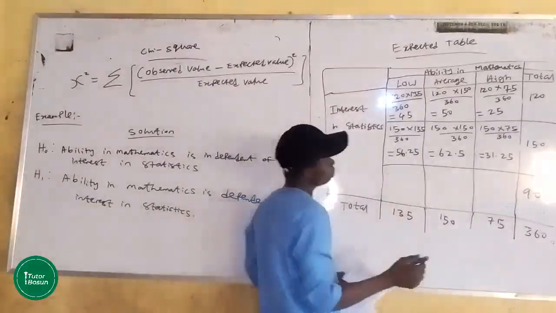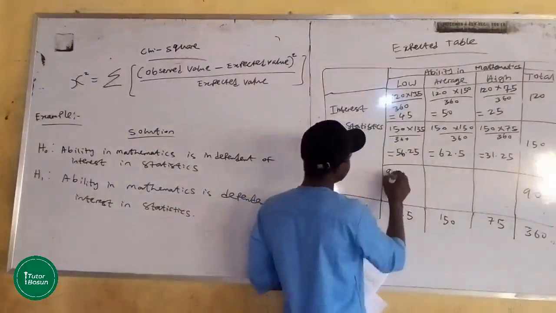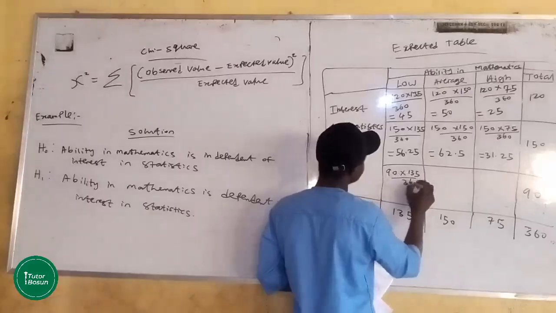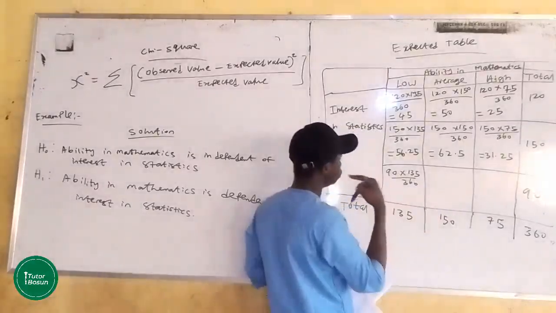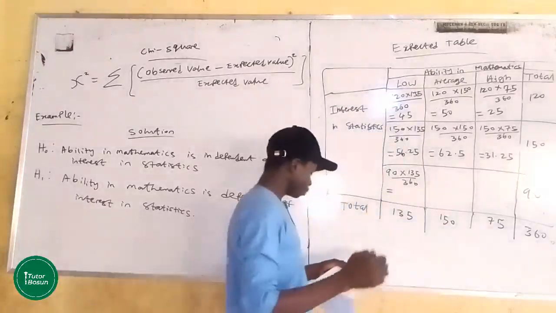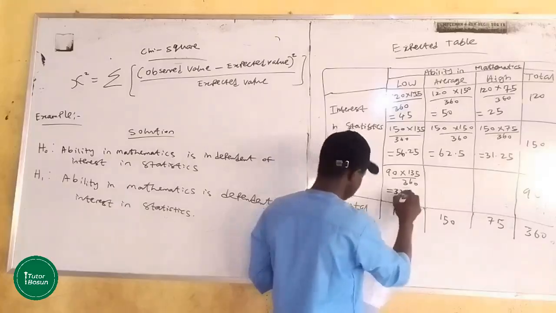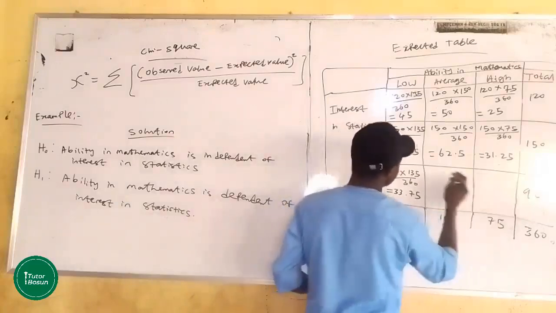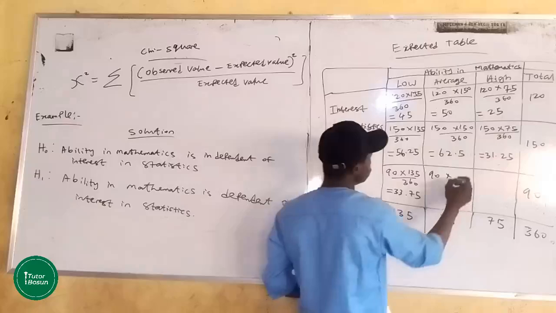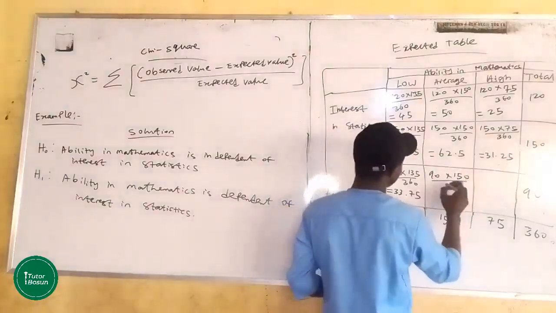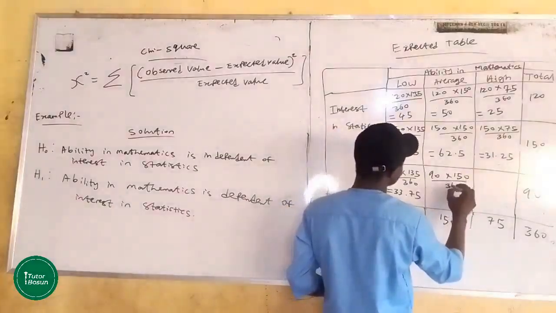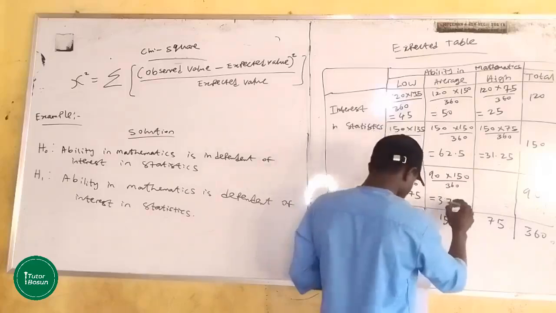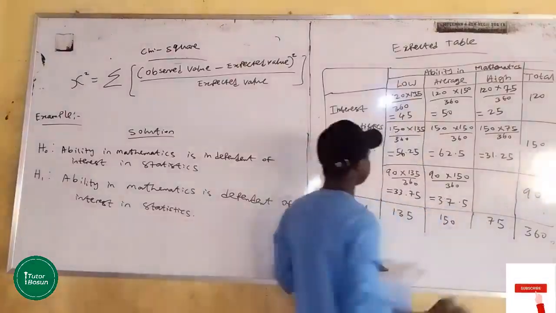So let's repeat the same thing here. Here we have 90 times 135 divided by 360. If you do that very well, that will give you 33.75. Similarly here we have 90 times 150 divided by 360, and that will give you 37.5.